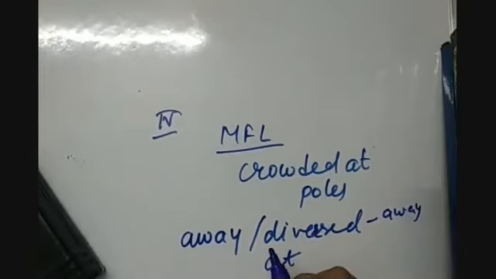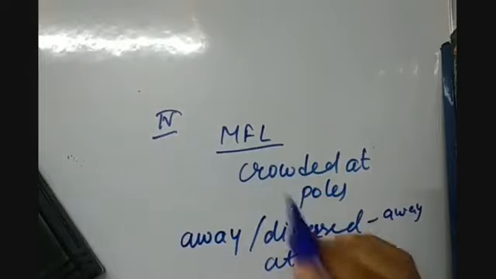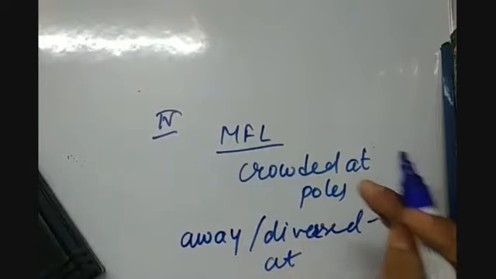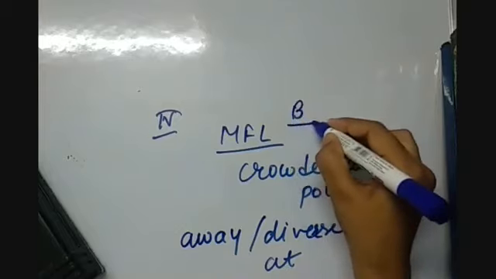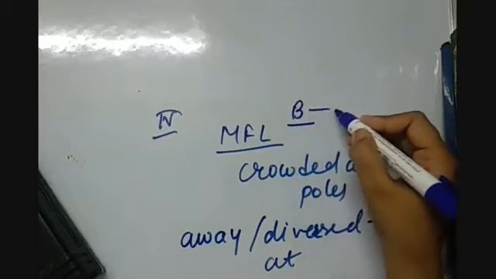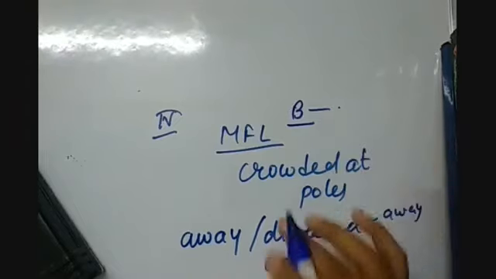Or you can say that the magnetic field strength, that is the number of magnetic field lines, denoted by the capital letter B, is higher near the poles and it is less away from the poles.